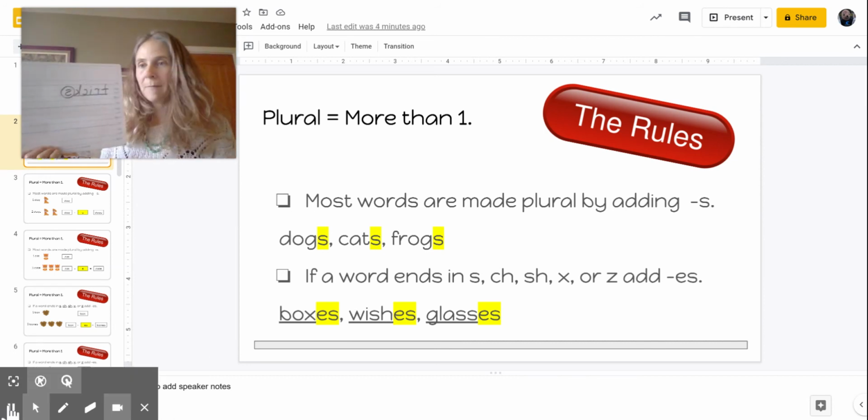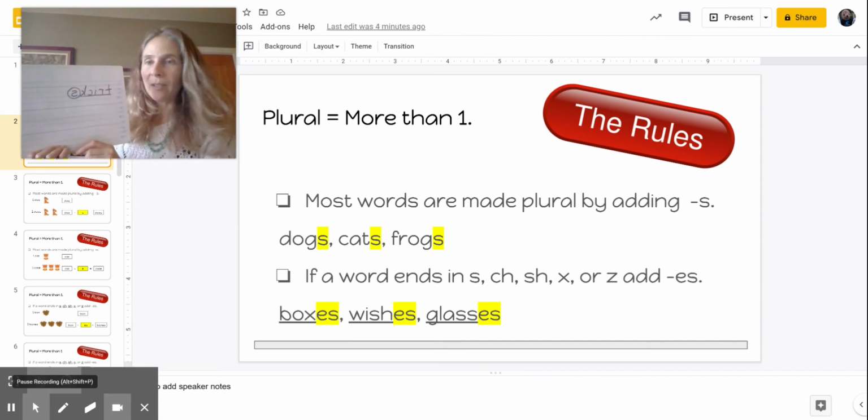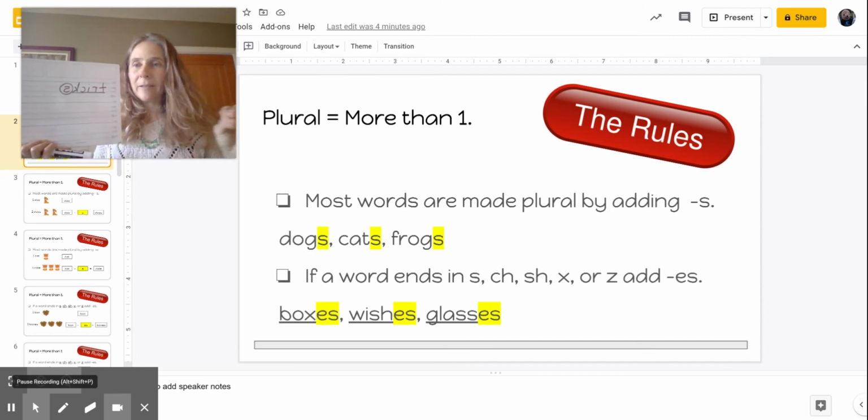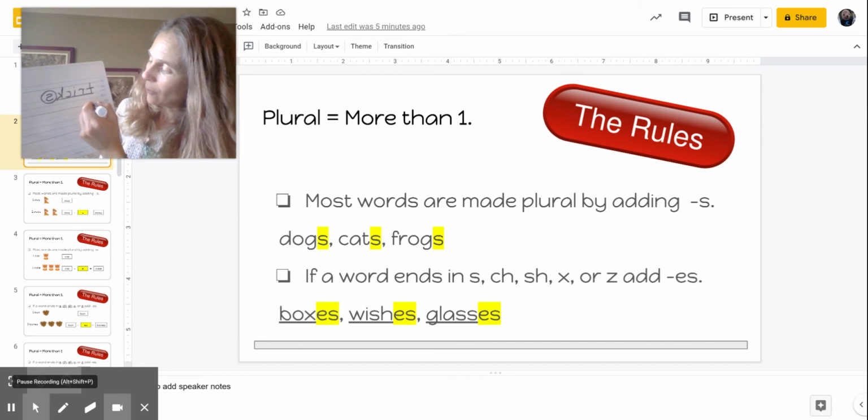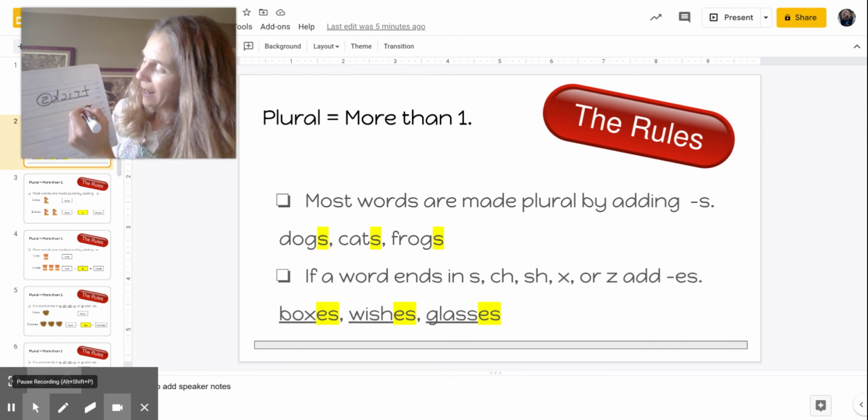Let's do another one. Okay, my next word is going to be the word rents, like she rents an apartment. So let's tap out the base word rent. R-e-n-t, rent. Now I'm going to write rent. Oops, I'm writing it on the wrong line.